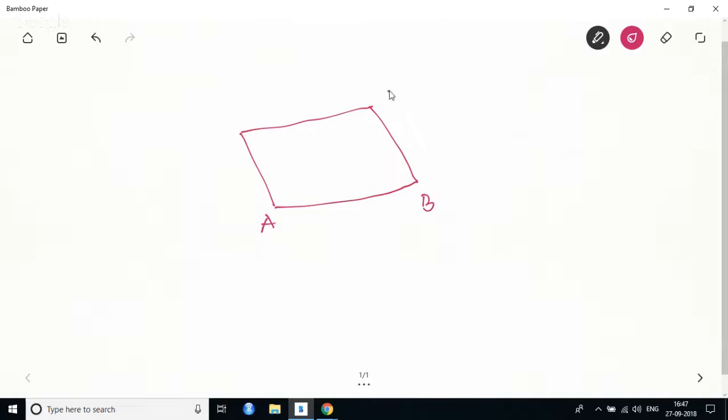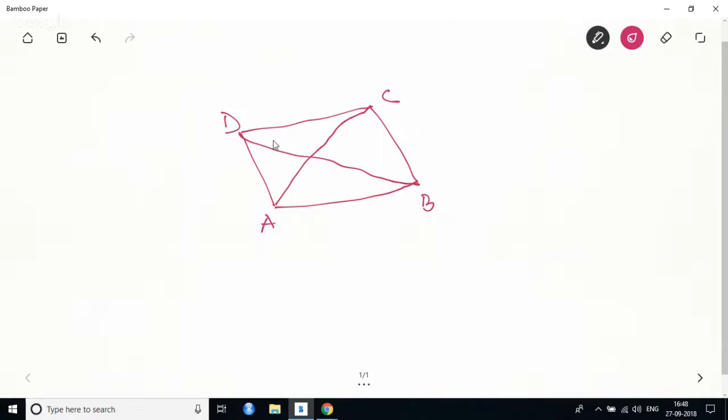So the question is: ABCD is a parallelogram. So I'll draw a parallelogram. So here I have a parallelogram like this. This is A, this is B, this is C, this is D. And suppose this is AC and this is BD.